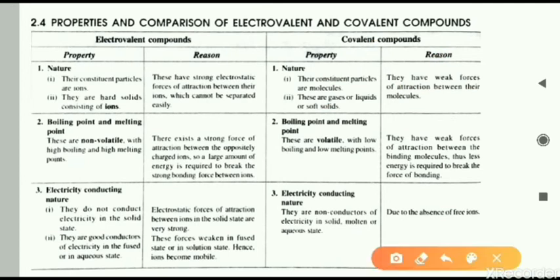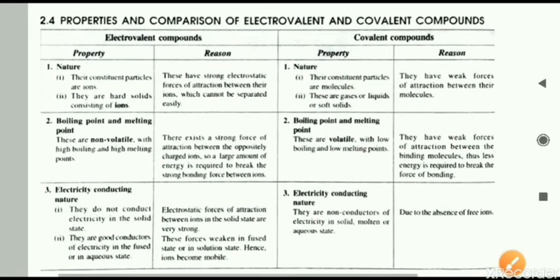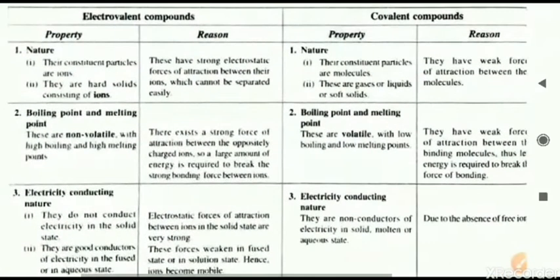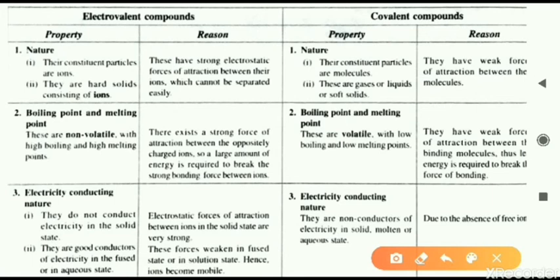The same reason we will apply for the next thing, that is the boiling and melting point. Because of the strong force of attraction, the boiling point and the melting point will be high, and we need to heat the compound more to break the chemical bond. The bond will not be easily broken on heating.